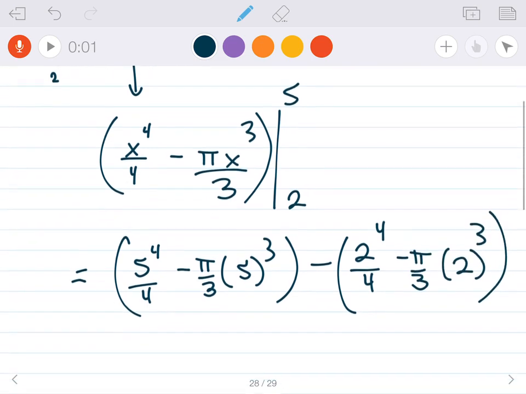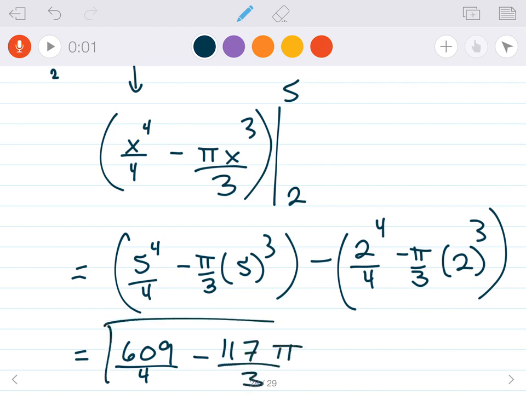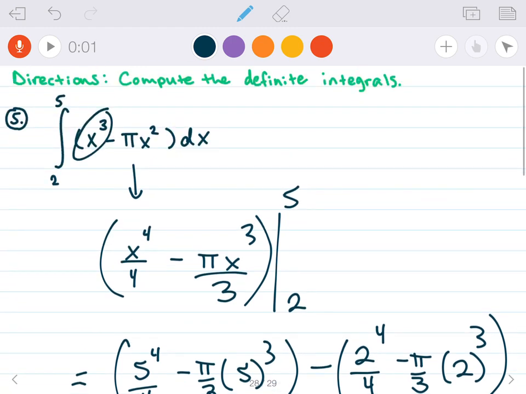And when I compute this, let's see what I get. I get this weird number, 609 over 4 minus 117 pi over 3. So this is the area under this curve from x equals 2 to x equals 5.